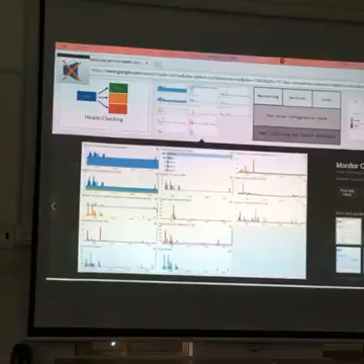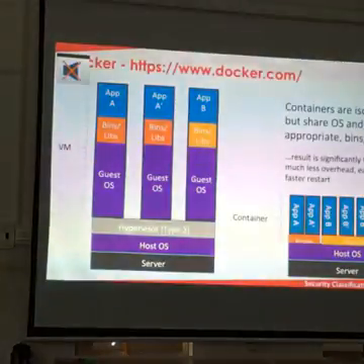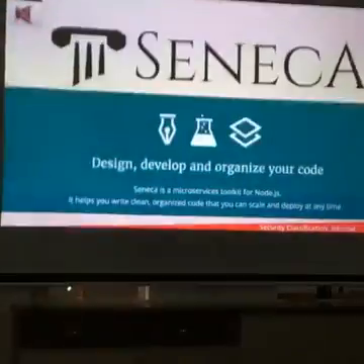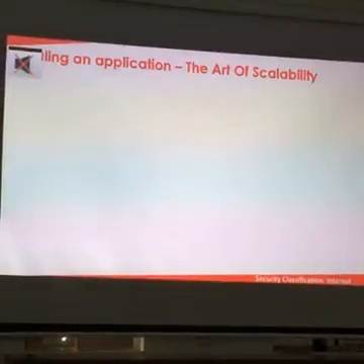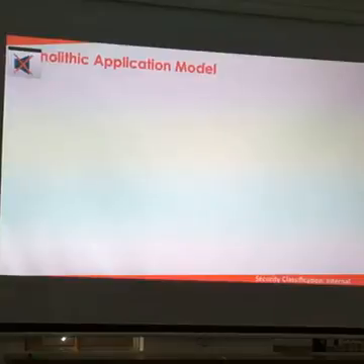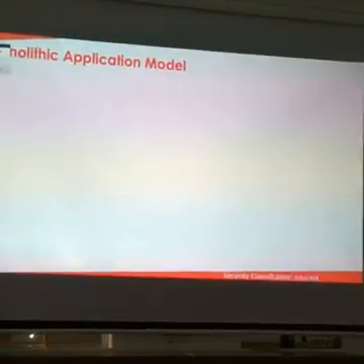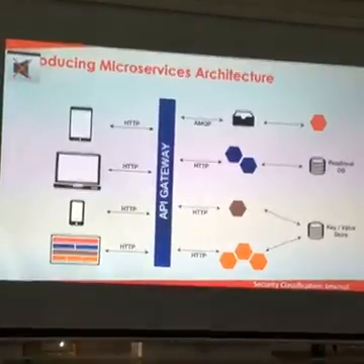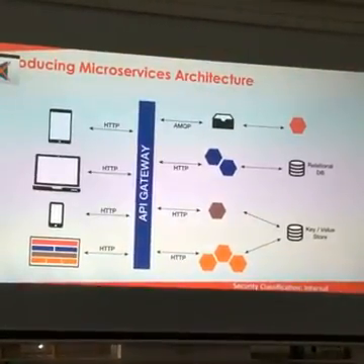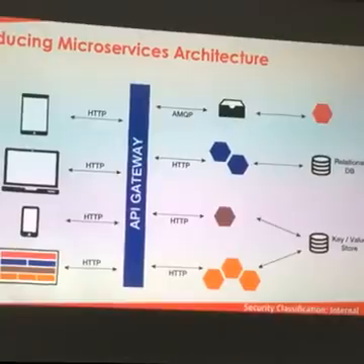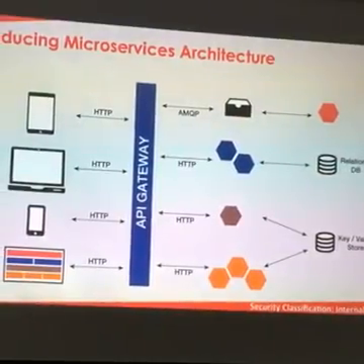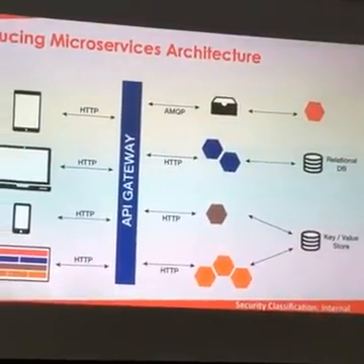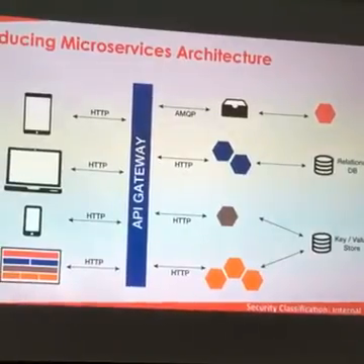Could you please go back to the slide about your microservice architecture with the gateway APIs? Yes, this one. In this architecture, do you think we would need to scale the API gateway because it might be the bottleneck?